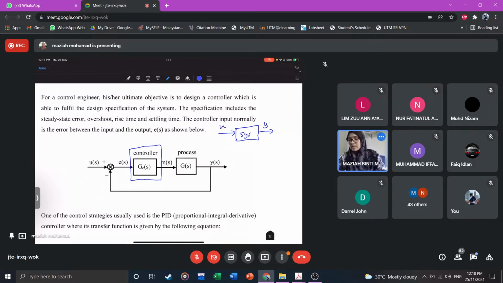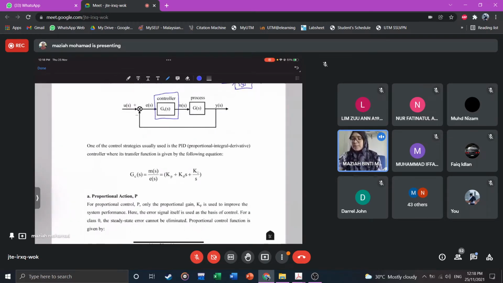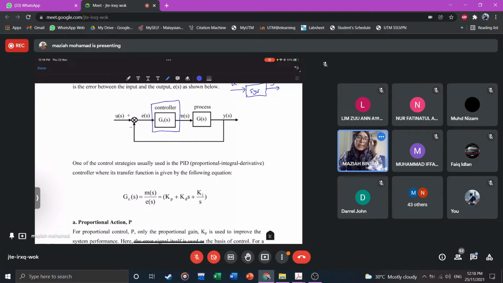All right, so how do we apply a PID controller? The PID controller is just a parameter actually. First let's understand the concept of a feedback controller, where you can see that the input to the controller is the error.